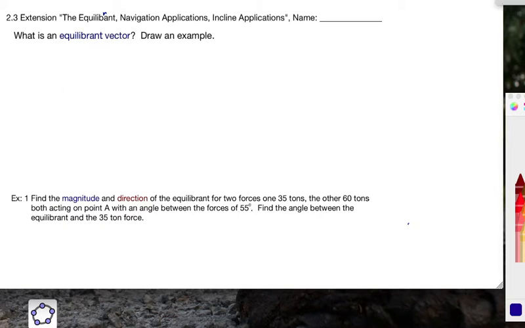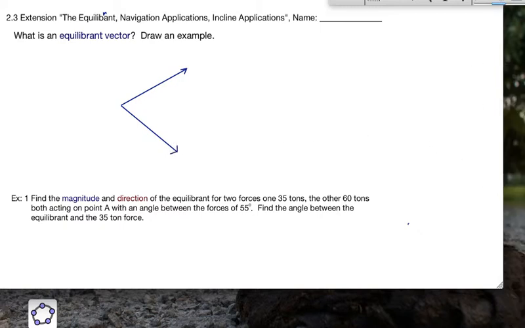So we've already discussed, if we have two vectors acting on a plane, we can add those two vectors and find the resultant of those two vectors by using the parallelogram method, or head to tail.